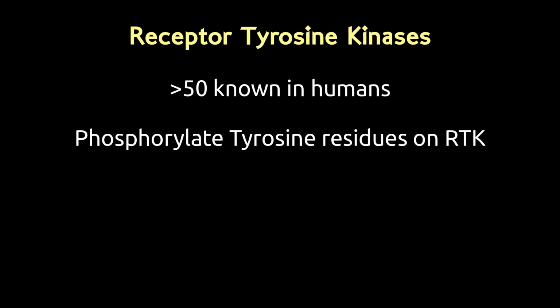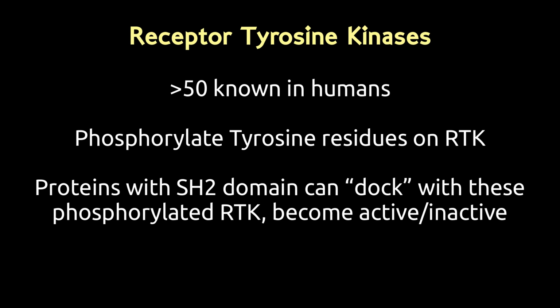And so what they're going to do is they're going to phosphorylate a tyrosine residue on a receptor tyrosine kinase. They phosphorylate each other. Isn't that nice? And once a receptor tyrosine kinase phosphorylates another receptor tyrosine kinase, a protein with a specific kind of domain called an SH2 domain can dock with the receptor tyrosine kinase once it's been phosphorylated, and then it's either going to become active or inactive, depending on what it is.